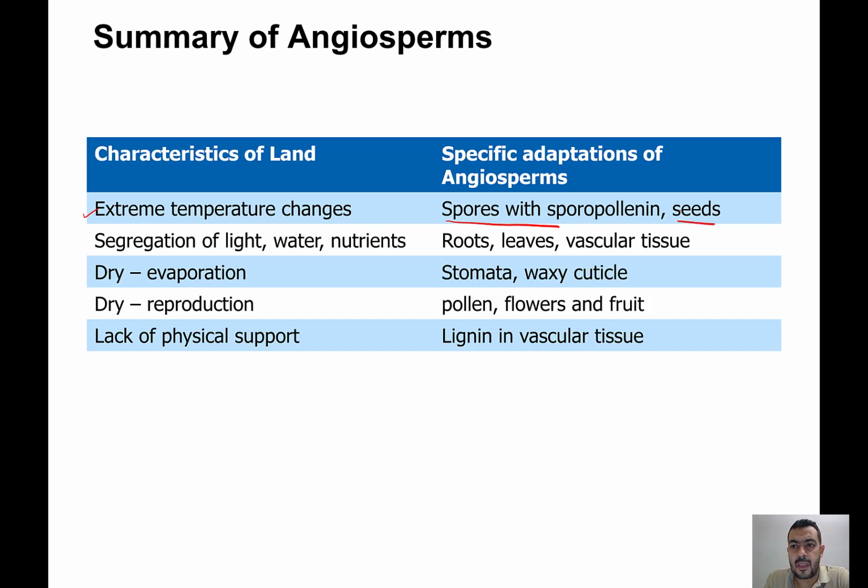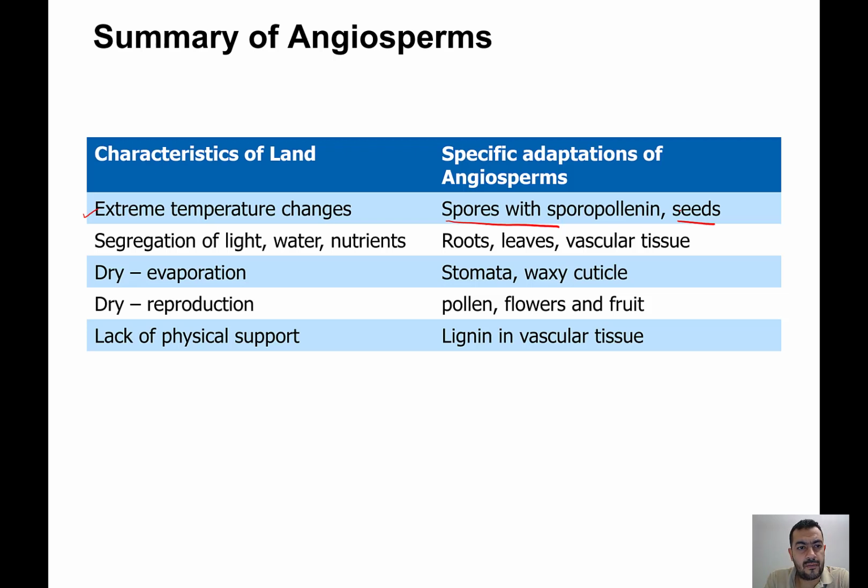So as we said, the seed contains the embryo and the nutrients, and it can remain dormant for a very long time, waiting for the conditions to change so the embryo will start growing. So if we look out the window in winter and find snow, under this snow there could be many seeds waiting for the winter season to finish, and once the suitable temperature comes, maybe by the summer or spring, they will start growing again.